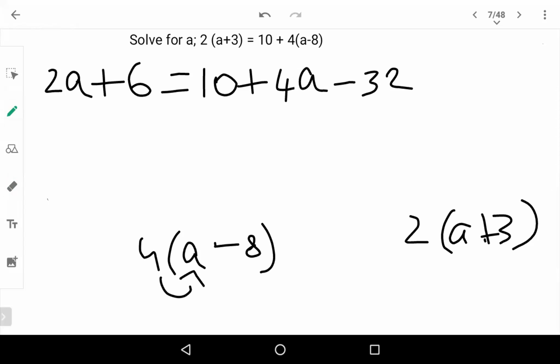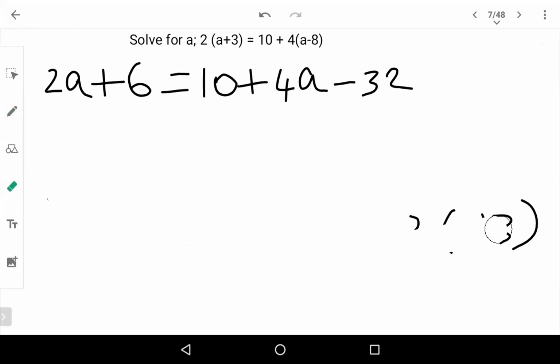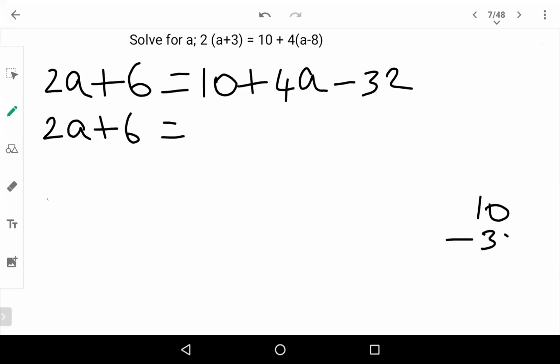So that is your step number 2. Now after this, we will simplify the other side. 2a plus 6 is equal to 10 minus 32. Can I say it is minus 22? Yes.